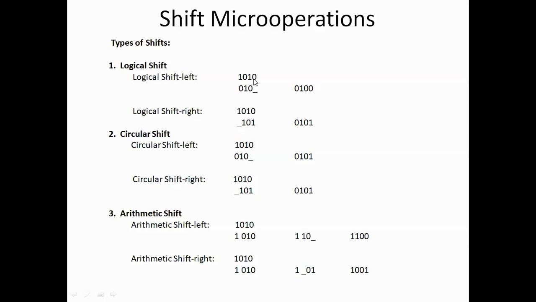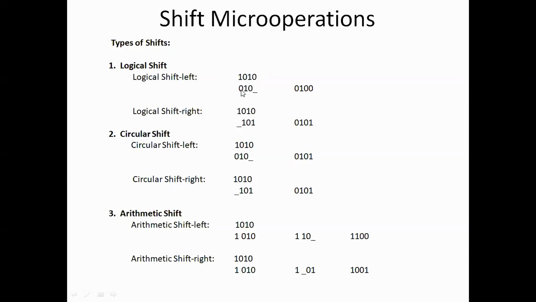If I have to do a logical shift left, each bit is to be shifted by one position to the left. So this 0 will go to this position, this 1 will go to this position, and this 0 will go to this position, right? And this 1 will be overwritten by the 0.